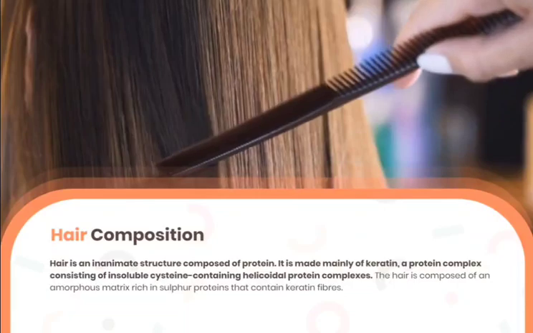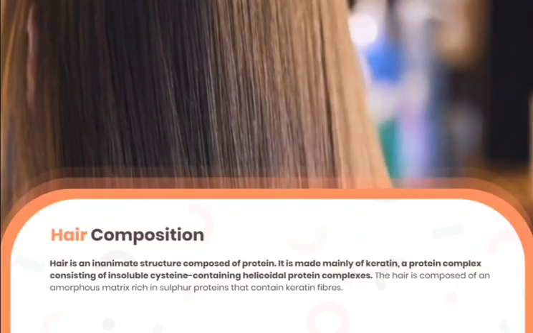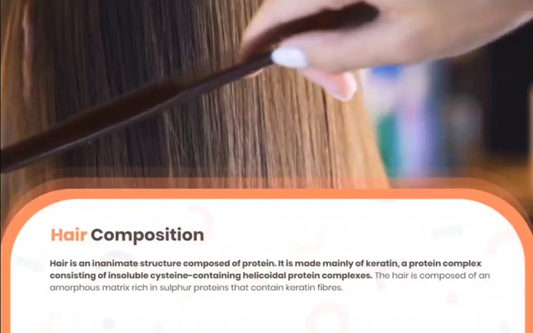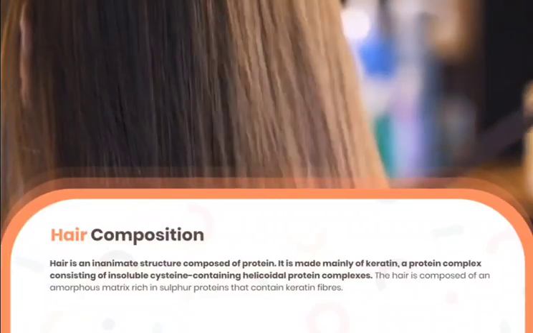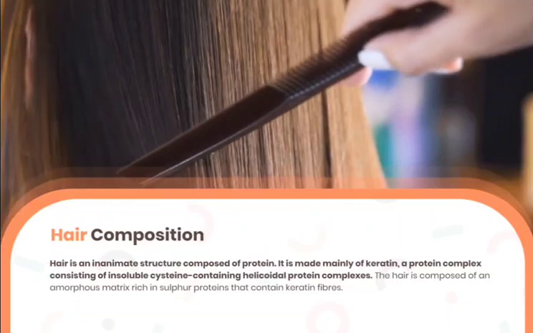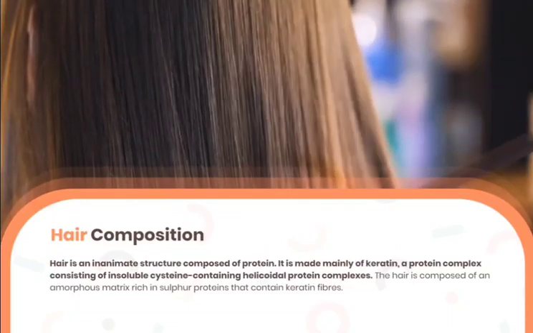Hair composition. Hair is an inanimate structure composed of protein. It is made mainly of keratin, a protein complex consisting of insoluble cysteine-containing helicoidal protein complexes.